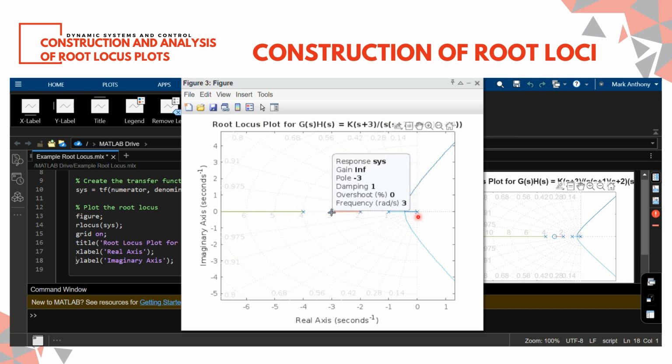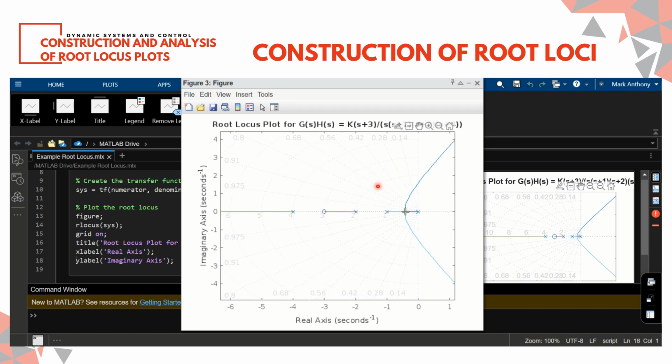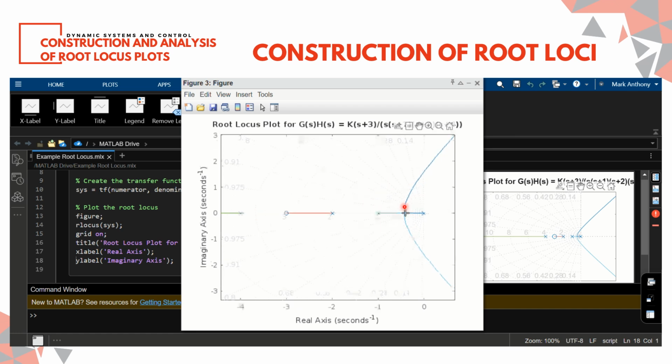So we have 4 poles and 1 zero. And this is the final plot of your root locus. We also have the response, gain, pole, damping, and the frequency. And this is your breakaway point generated through simulation.